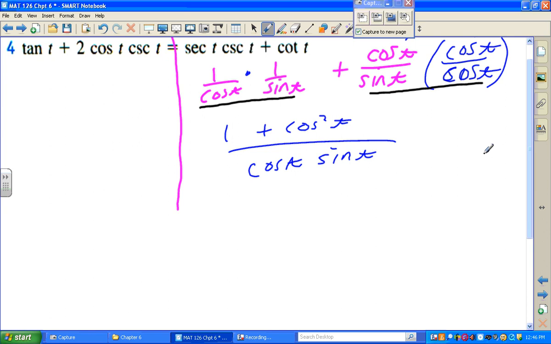No, it's not. There's no mathematical way that sine squared plus cosine squared equals 1 will turn into 1 plus cosine squared equals negative sine squared.